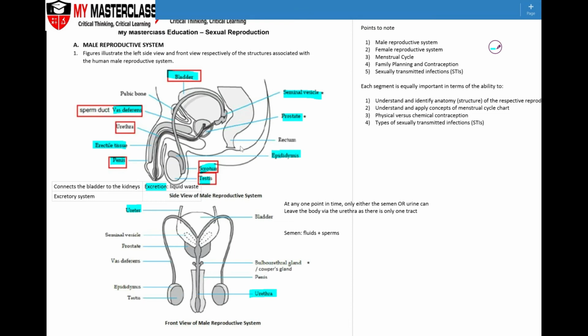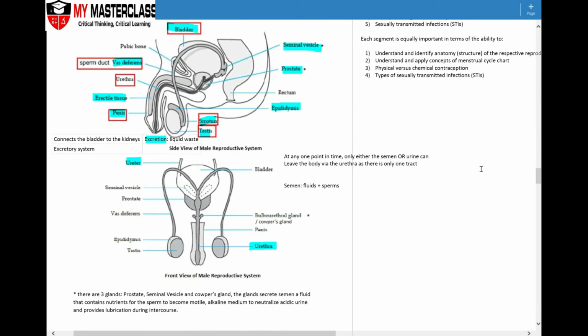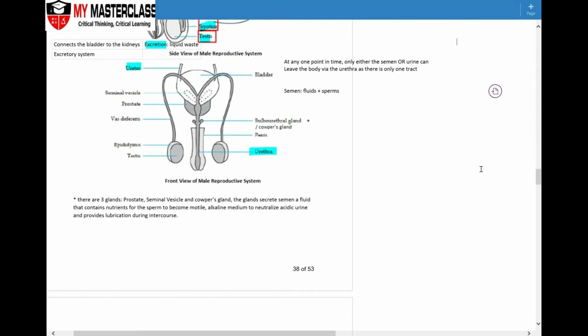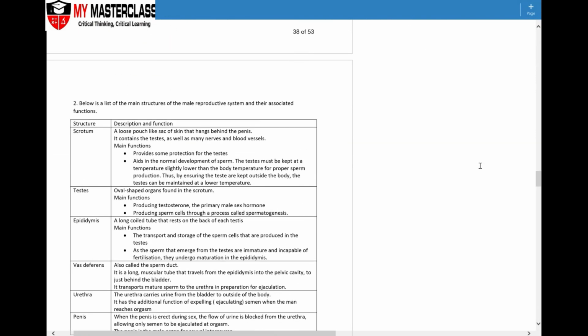It is merely placed closely to it, but it is a completely different system, the digestive system, in which your waste food substances are stored temporarily until egestion has taken place.